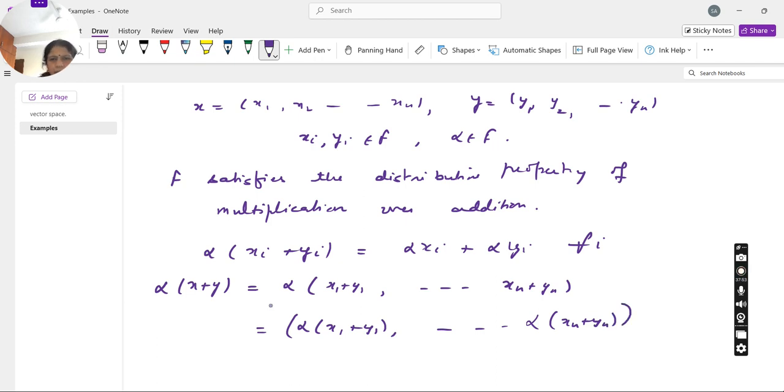Now, according to this property, this is written as (alpha x1 plus alpha y1, ..., alpha xn plus alpha yn).